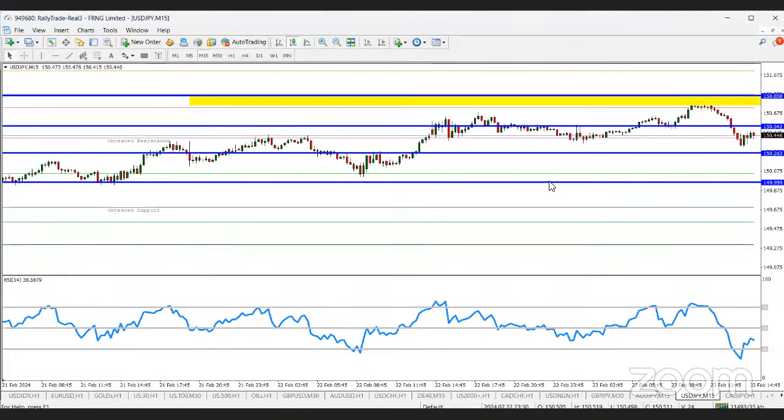So guys, I can have a sell at the top if price buys to 150.850, and I could also sell if price gets down to 150.260, with 20 pips in mind.